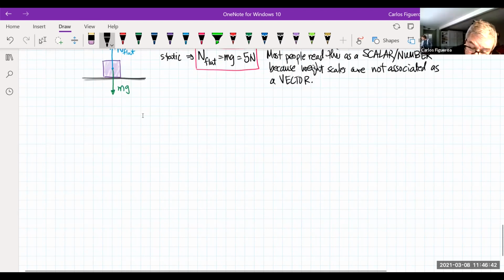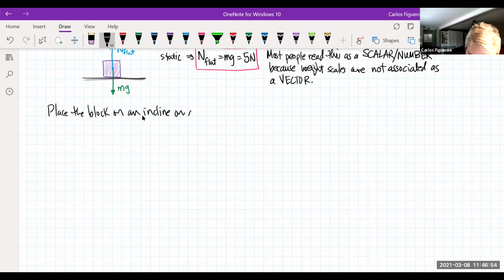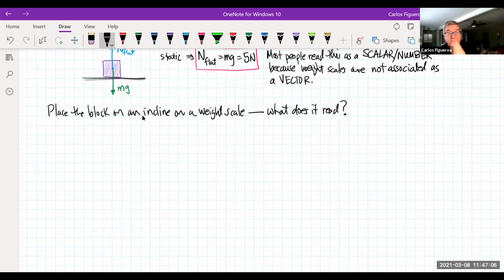So now let's say that we place the block on an incline, on a weight scale. What does it read? So now I have my incline. And of course, this angle is 37 degrees.